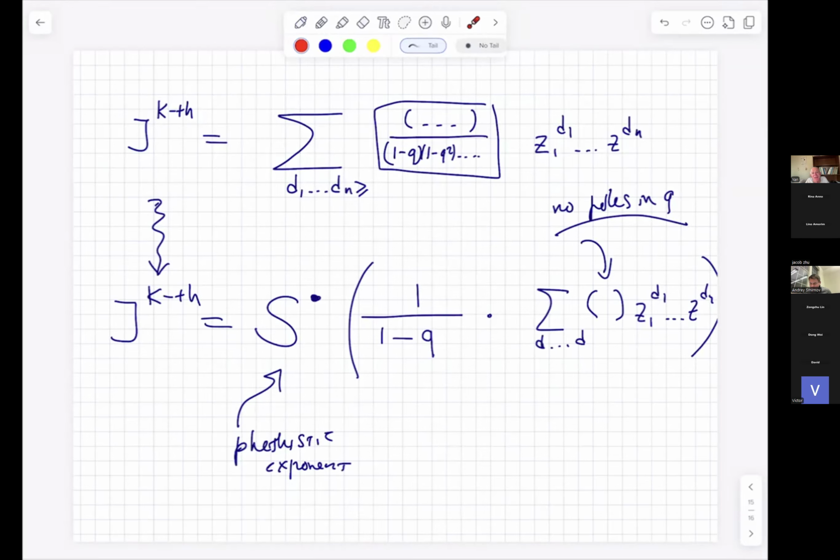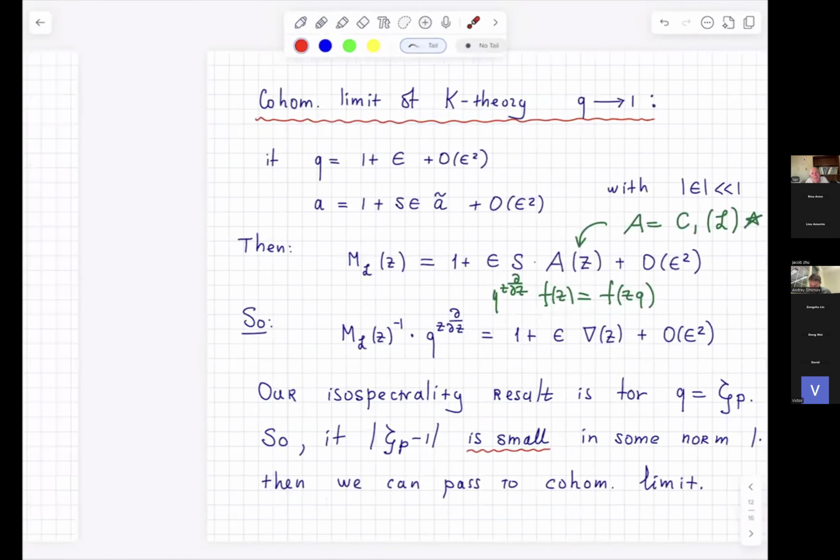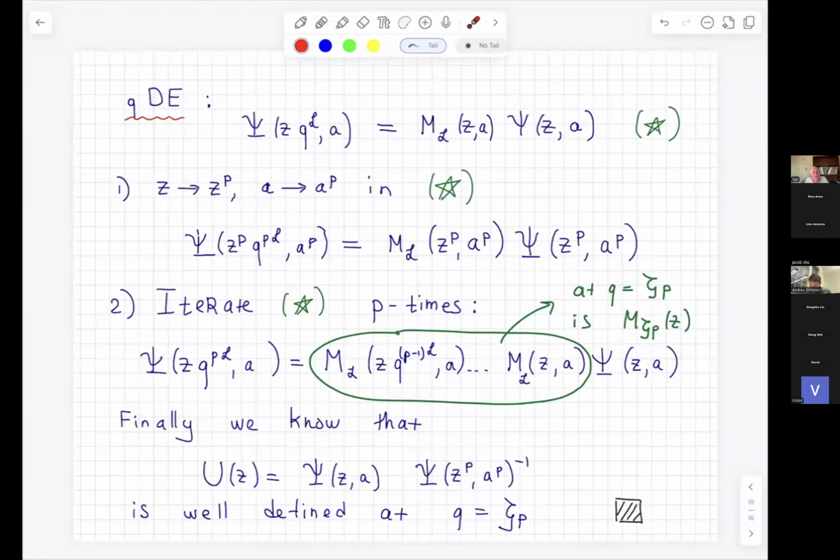Okay. So from this property, if you have it for the fundamental solution or for this J function, then you can use it to prove that this combination which I needed, maybe I'll go back here, this ratio of fundamental solution matrices, even though they themselves have poles at all roots of unity, the pole at a primitive root of order p disappears.